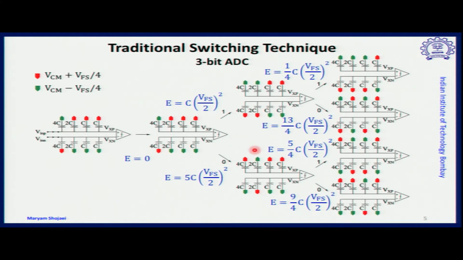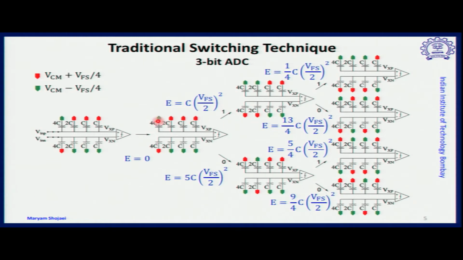So now how much energy is dissipated? It's very interesting to notice. If the decision is 1, we are eventually moving in the right direction. That means the initial assumption of considering V in P more than V in N was correct.